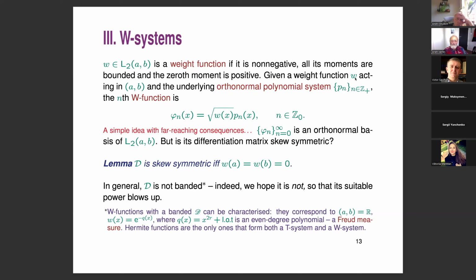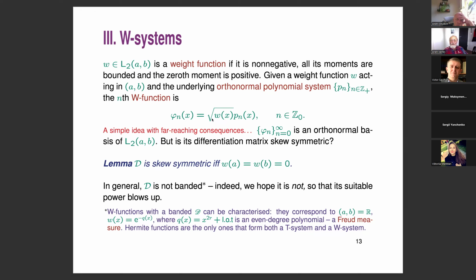Given a weight function acting in AB, it generates an orthonormal polynomial system because it corresponds to the measure W dx. So we have an orthonormal system Pn. The n-th W function is simply Pn multiplied by the square root of the weight function.